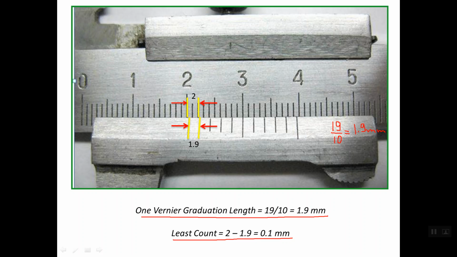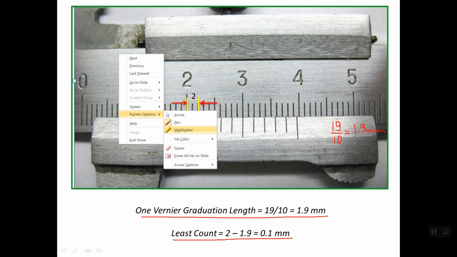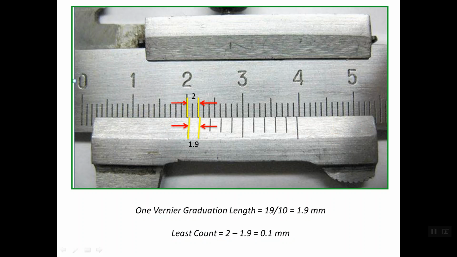Imagine that instead of having a Vernier scale of 19 mm, we have a Vernier scale length which is more than 19 by 1 mm. So if we have a Vernier scale of 20 mm, what will happen in this case?